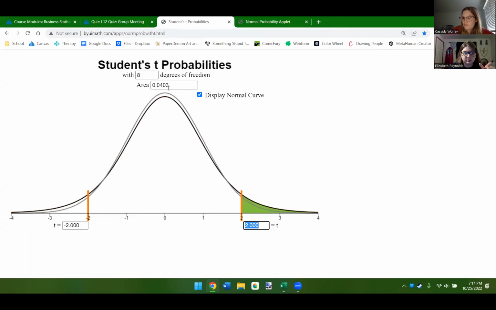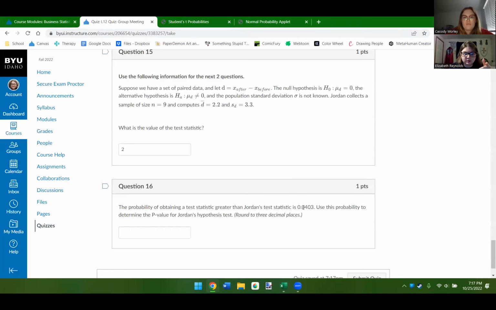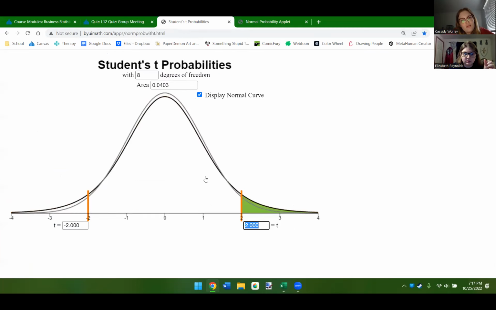With 8 degrees of freedom, it gives us this number. What? T with the greater than this area selected, T set to 2, 8 degrees of freedom gives the same number as in the question.